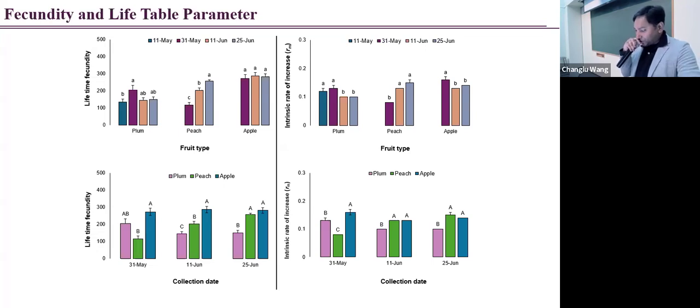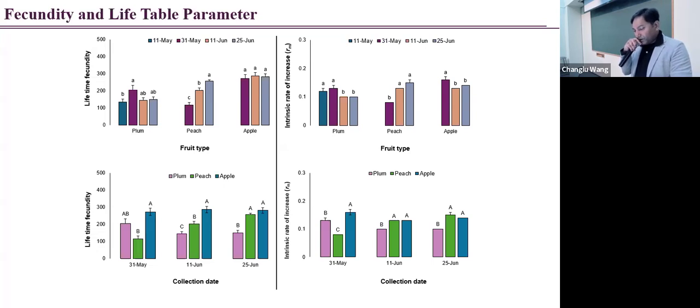And then in June, what happened is that fecundity goes down, and compared to peach and apple it is actually lower. And on 25 June, it goes down more and is significantly lower than peach and apple fruit.